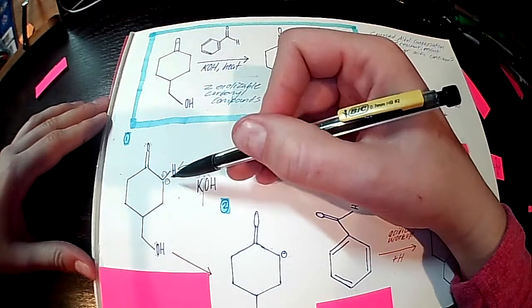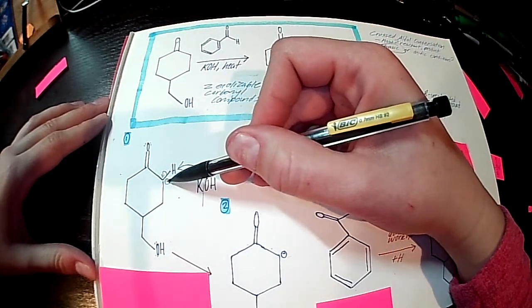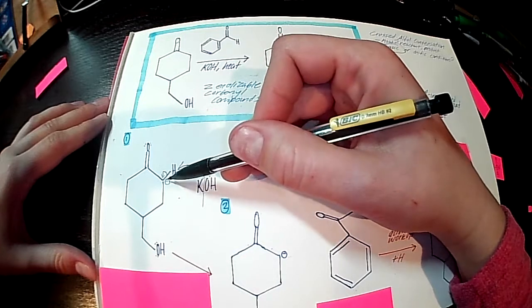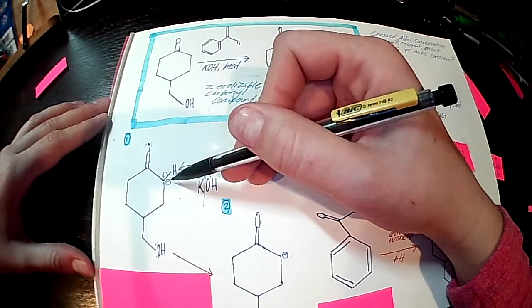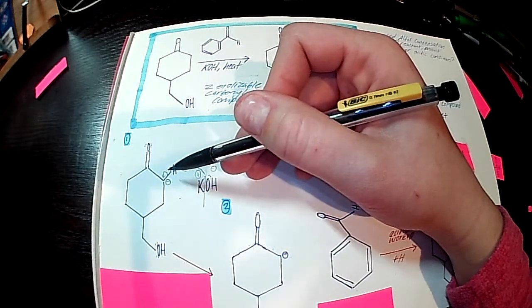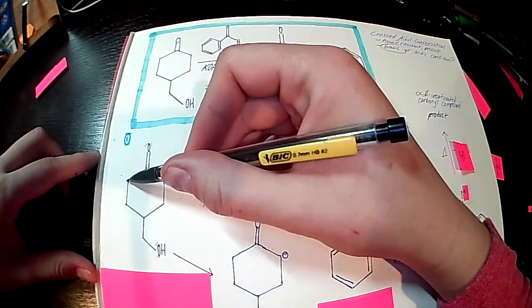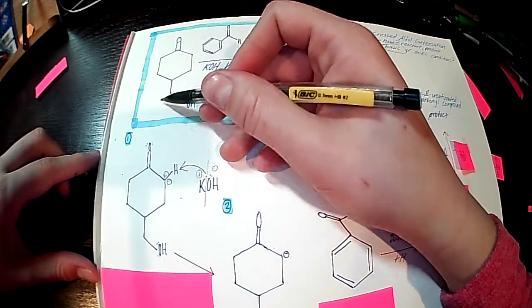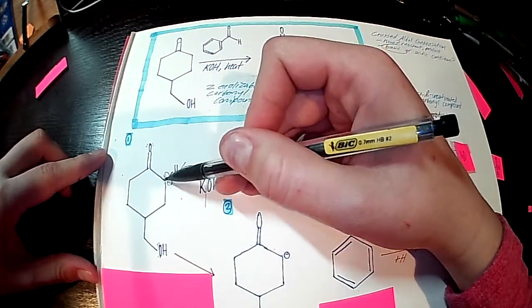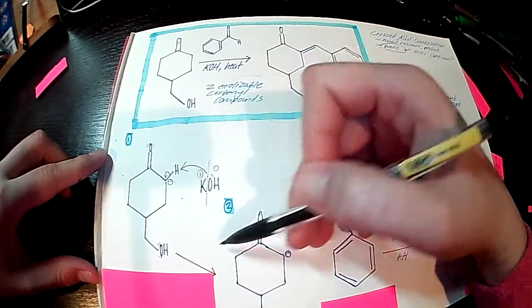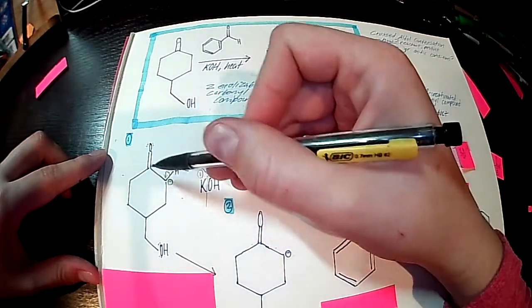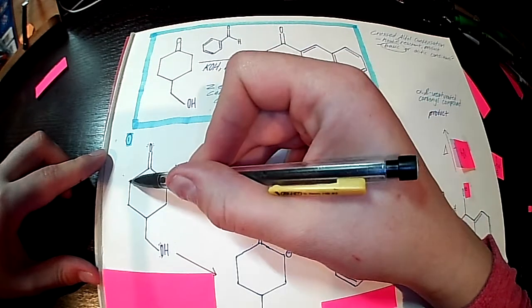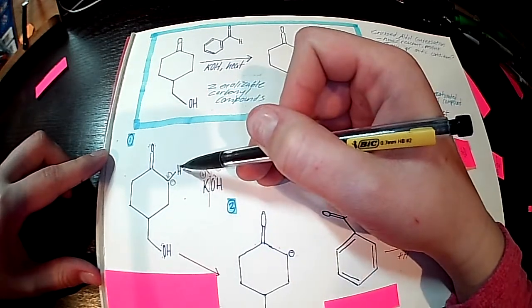Now it's interesting to note this occurrence could happen on this side of our structure just as easily as it could happen on this side, and then our benzaldehyde would just be connecting on this side. The reason that we're going from here is just to show in theory the mechanism, but in reality it's important to remember that it could happen at either side because both of these are alpha carbons with hydrogens.